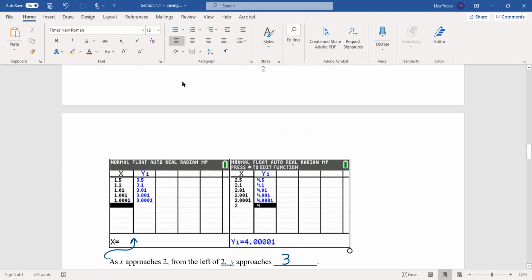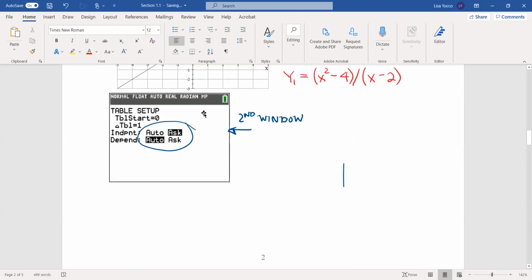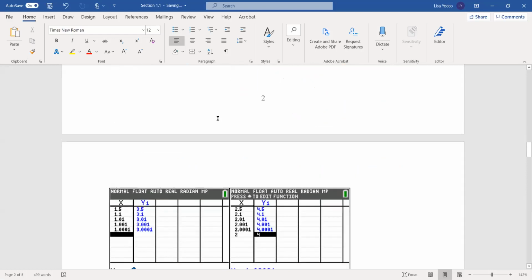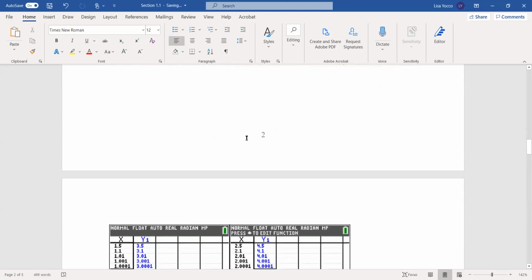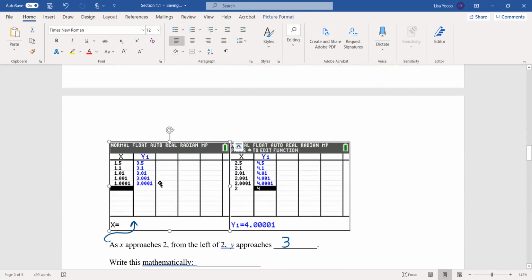Oh, okay, this table is not accurate because I got x's that were getting close to 1, not 2. I apologize for that. Let me fix that one up. Need x's that are getting close to 2, so I should have started. I'm just going to fix this up real quick and then I'll pop it in.